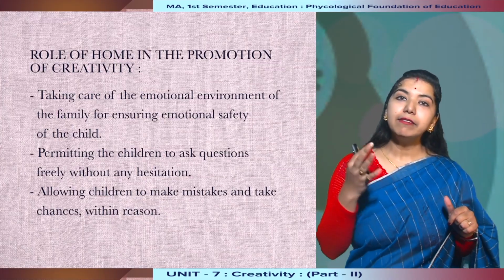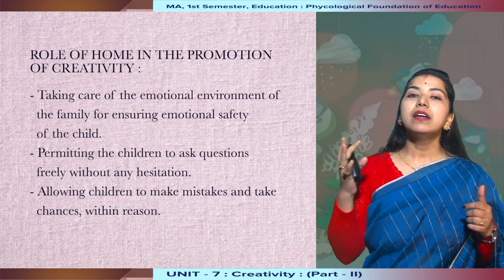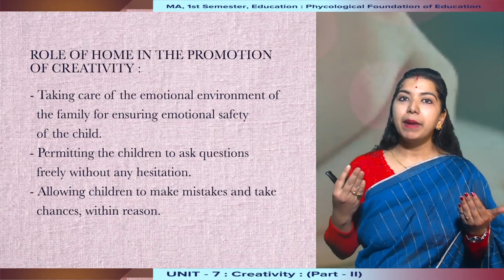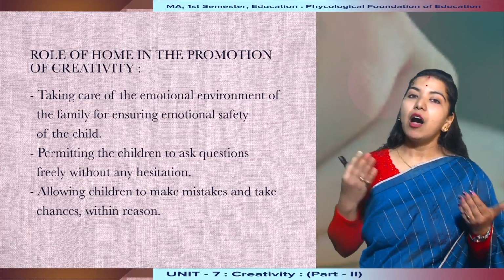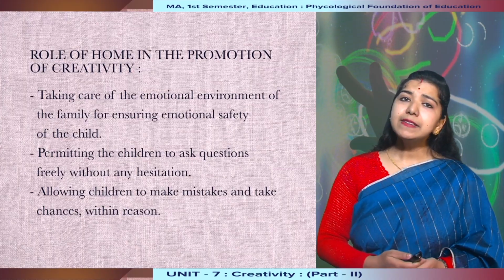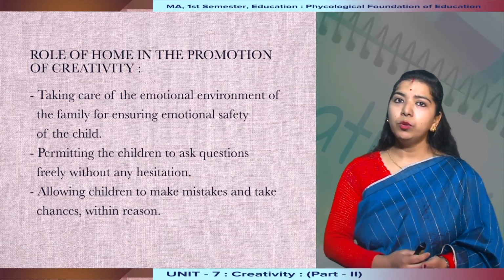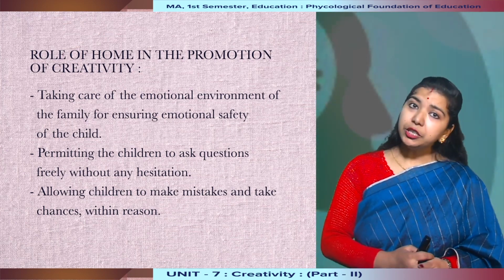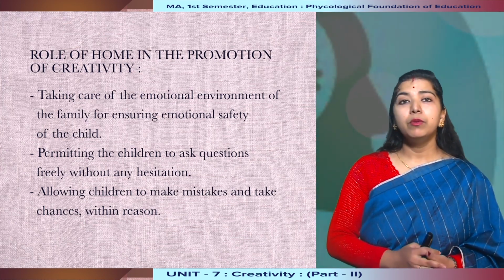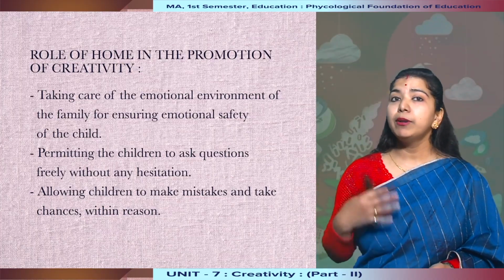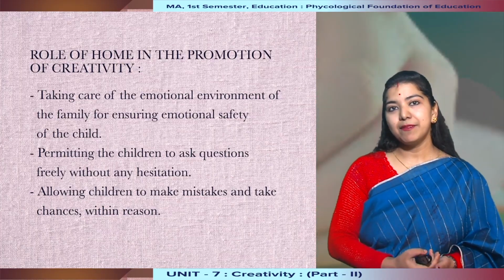Because creativity is something which is in a state of development or generation out of the challenges and problems. Therefore, we can say that the home and the school are the most important factors or conditions or environment which can provide the best of the best to the child for development of their creative nature.